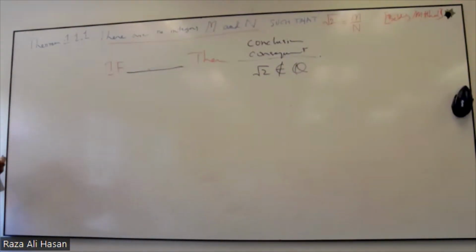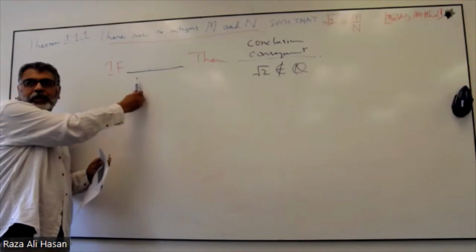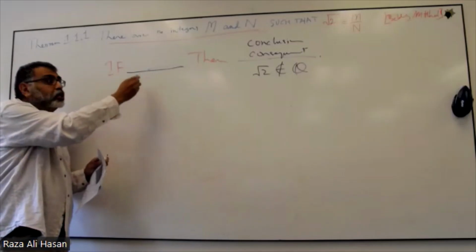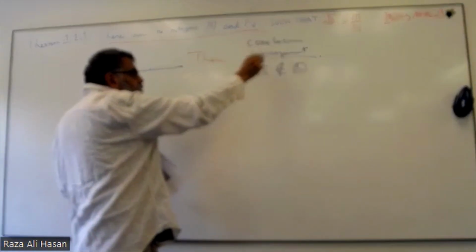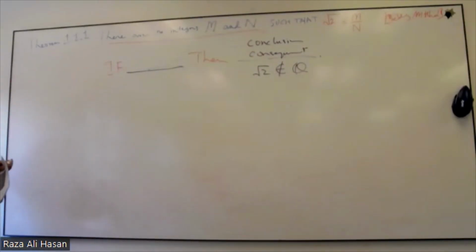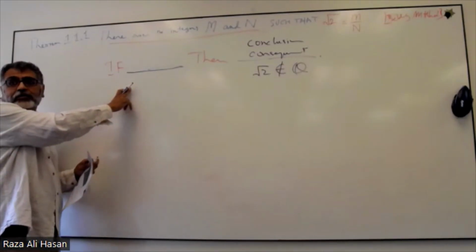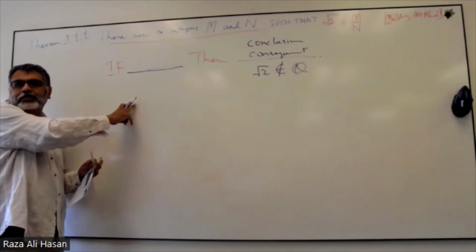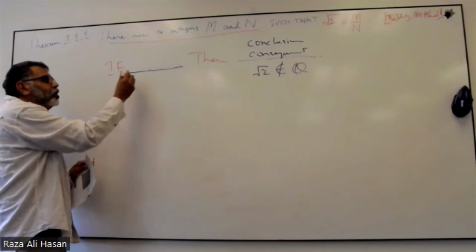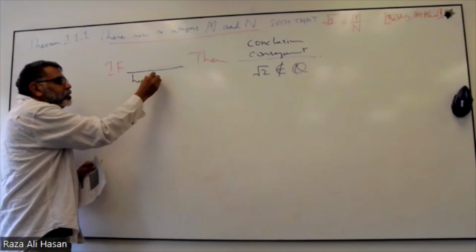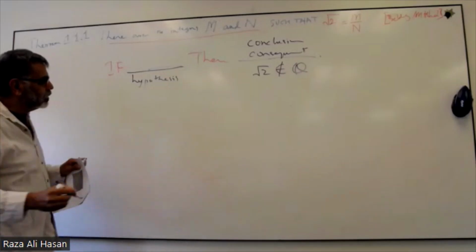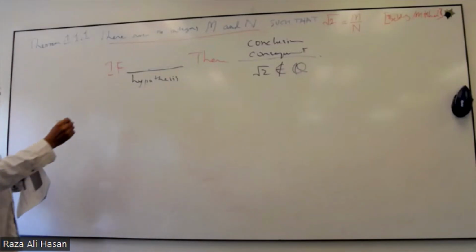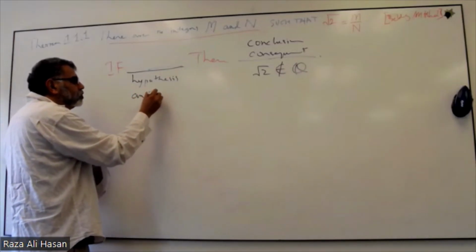Then I threw in a bunch of stuff that can be used. So if this is the conclusion or consequent, this is called, according to our class on Monday, anybody remember? Hypothesis, and the other name was antecedent.